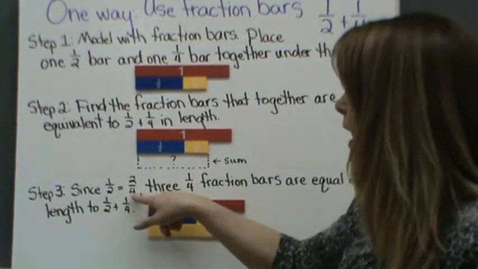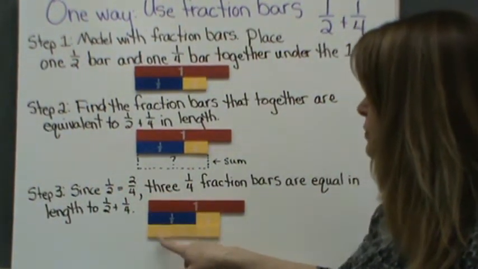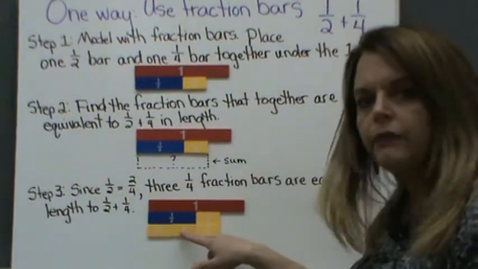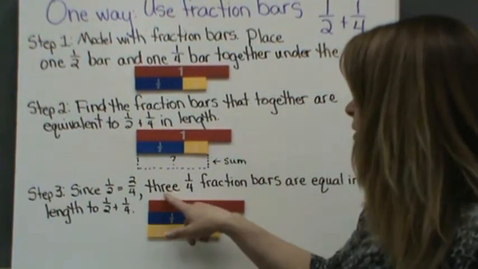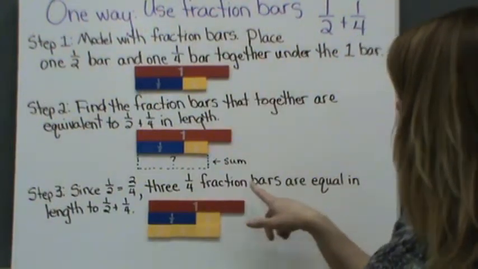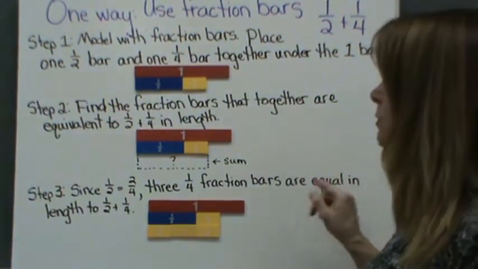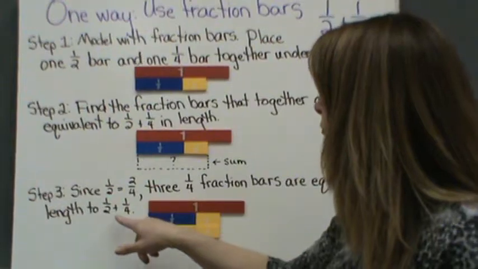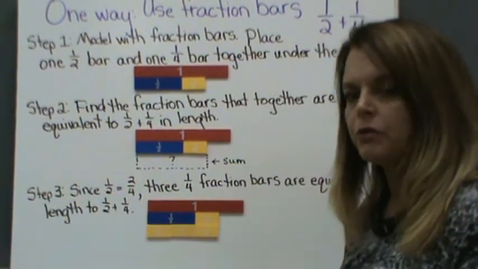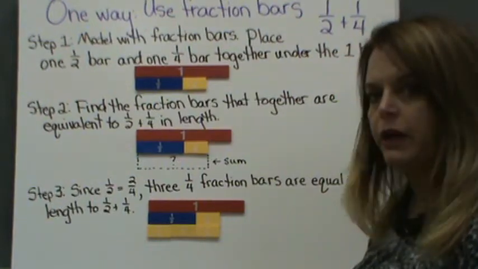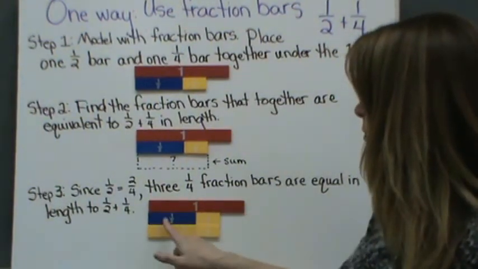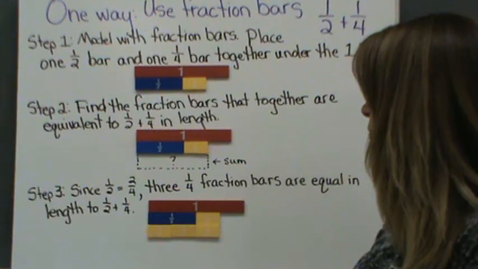So since 1/2 is 2/4, you can see here there's 1/4, there's 1/4, and they both fit under the 1/2, then I can see that 3 1/4 fraction bars are equal in length to 1/2 plus 1/4.